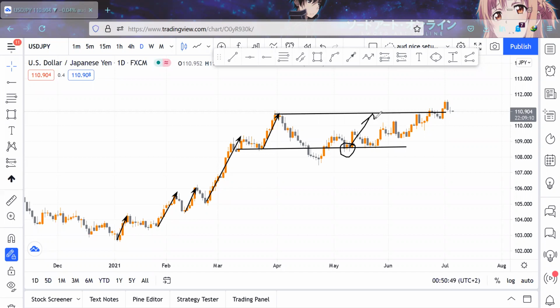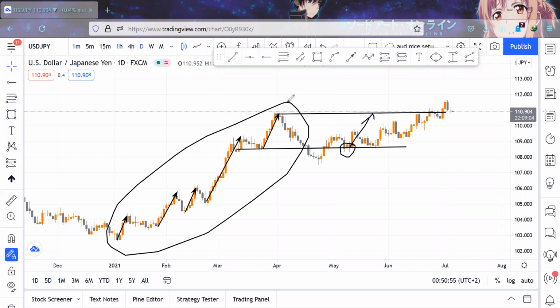Why are we looking for that kind of opportunity? Due to past data here. Past data has been telling us the market has been making higher highs here, higher highs here, higher highs here, as it moves to the upside, right? And making higher lows here and here and here and here, right?